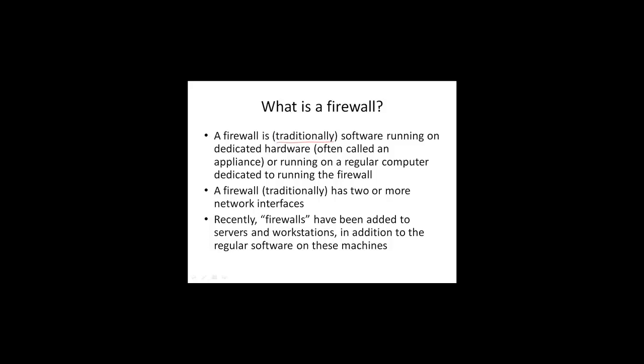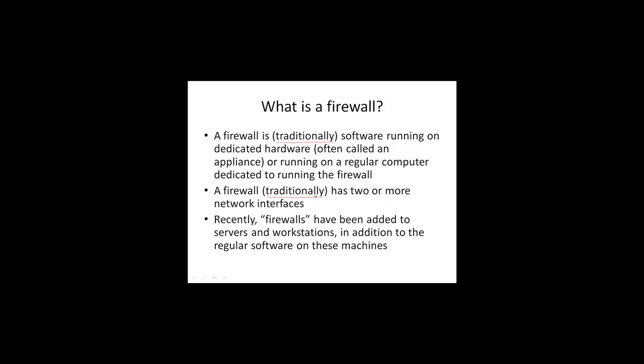So, moving on, a firewall traditionally, again, we're not talking about, I hesitate to use the word personal firewall, although that's what some products call the type of firewall that protects just a single machine. I guess we do need a better term there. But anyway, a traditional firewall typically has two or more network interfaces.